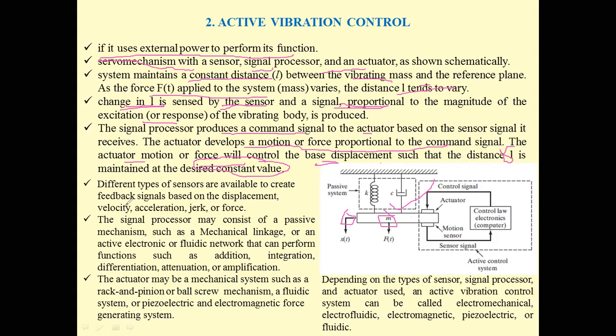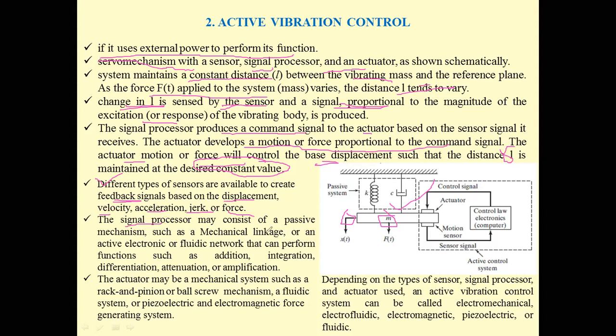Now there are different types of sensors which are available to create a feedback signal based on either displacement, velocity, acceleration, jerk, or force. Then the signal processor consists of a passive mechanism or an active mechanism.